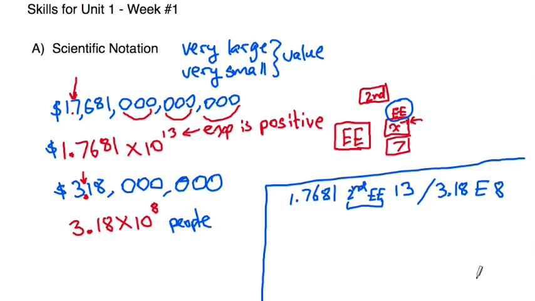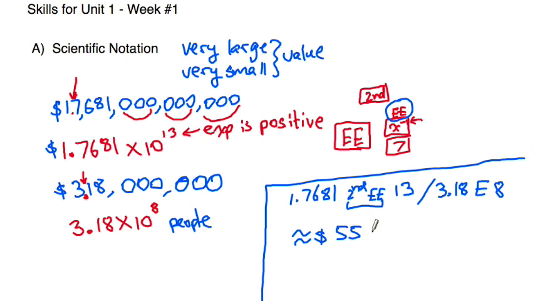That E takes care of all of that. So after this is done, I'll do this on my calculator: 1.7681 E13 divided by 3.18 E8. So that comes down to approximately 5.